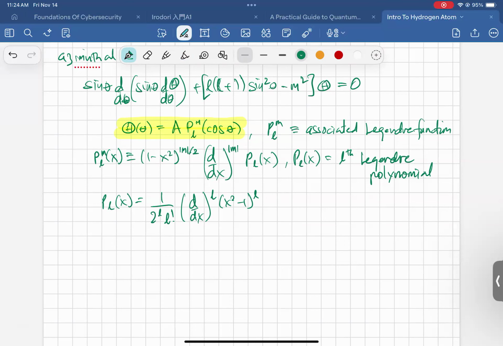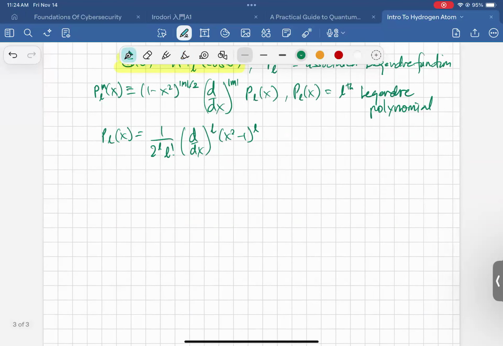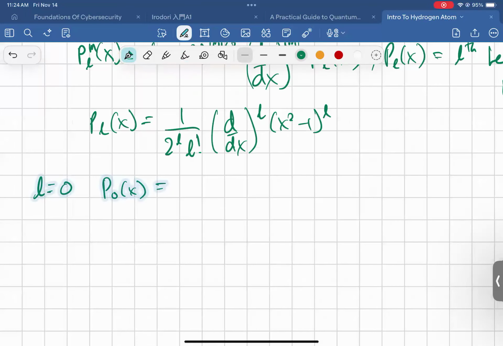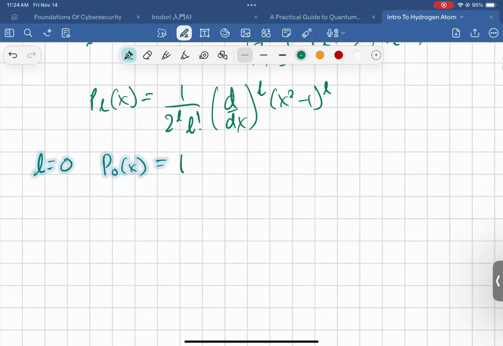Okay, so yung Legendre polynomial dito, so for L equals 0, it will be P0 of x equals okay, so based on this, so it's 1 over 2 to the 0, okay, and then 0 factorial, so 1. And then 0th derivative, so wala. And then x squared minus 1 raised to the 0. So that gives us simply 1. Okay?